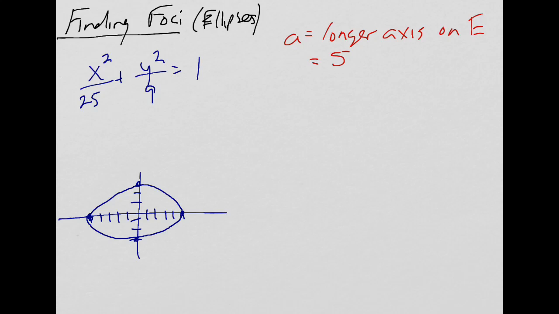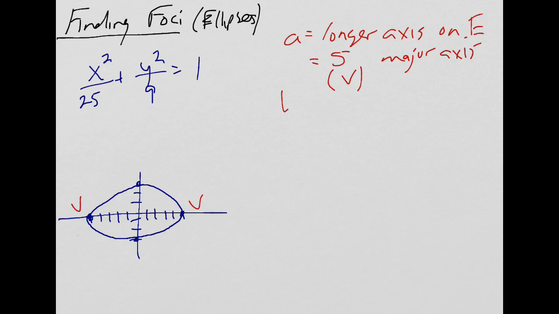It's this length right here. We call it the major axis. And then this coordinate right here, 5, 0, is called a vertex, as is this right here. So I'll just label this as V, and this as V, for vertex.